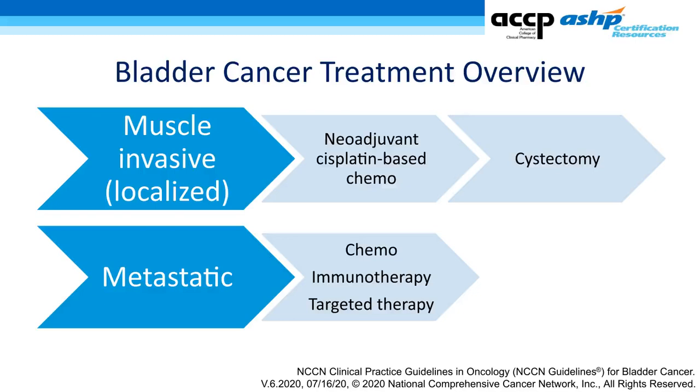For muscle invasive bladder cancer, the mainstay of therapy historically has been a neoadjuvant cisplatin-based chemo followed by cystectomy, with a goal of cure. And then in the metastatic setting, our treatment overview includes platinum-based chemotherapy, immunotherapy, most notably in the form of immune checkpoint inhibitors these days, and targeted therapy, which is an emerging field in bladder cancer treatment.